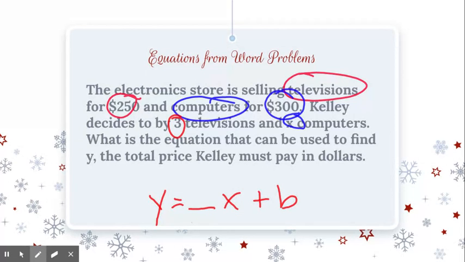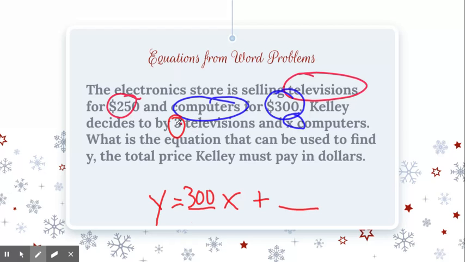Okay, so if she buys 3 televisions and x computers, so if this says x computers, I know the amount for computers is going to go with the x, 300x, okay? And then this b, we've got to do a little figuring out. I know televisions are $250 and I'm buying 3 of them. So I need to figure out how much 3 televisions cost.